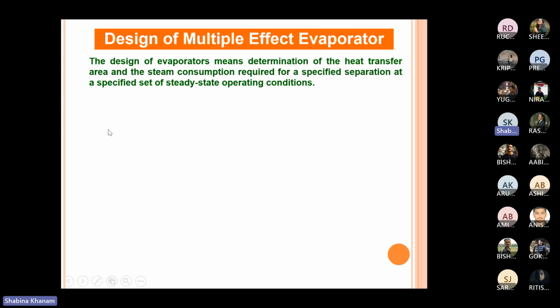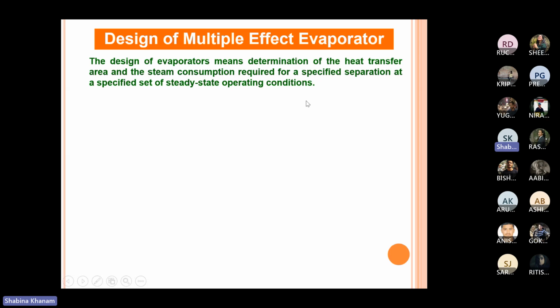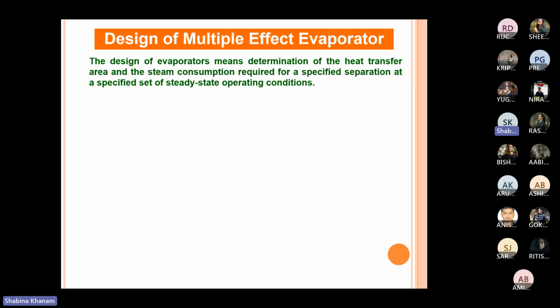So the design of an evaporator means the computation of heat transfer area and steam consumption required for a specified separation at a specified set of steady state operating conditions. For a given condition, how much separation is achieved, and to achieve that separation, how much area we need to provide and how much steam consumption should be there. That all we need to consider.